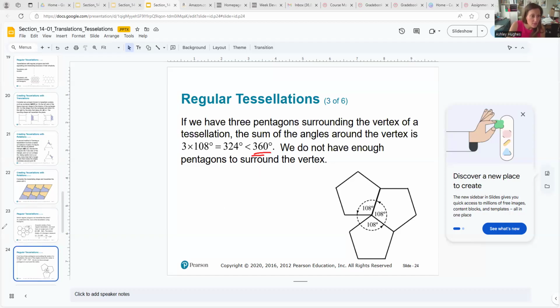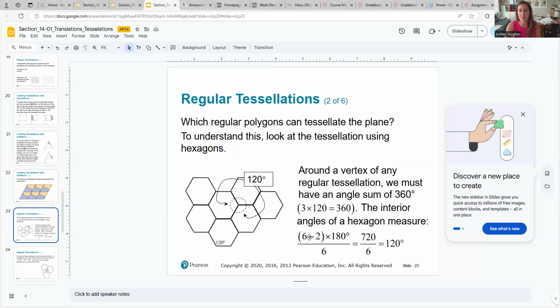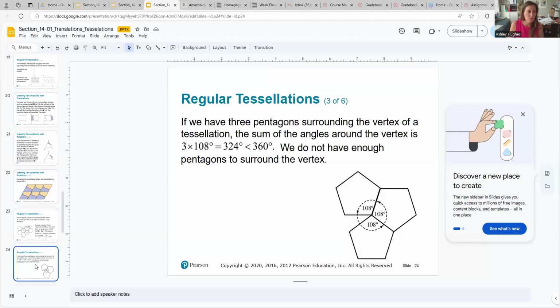And the formula for that, if you see here, is n minus 2 times 180 divided by n. So let me write that out. (n minus 2) times 180 divided by n. That gives you the degree of each angle in a regular n-gon.